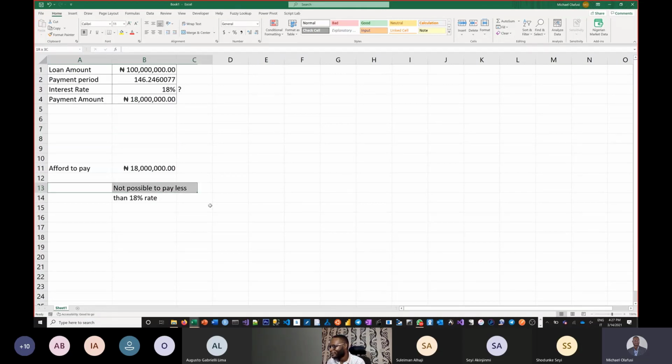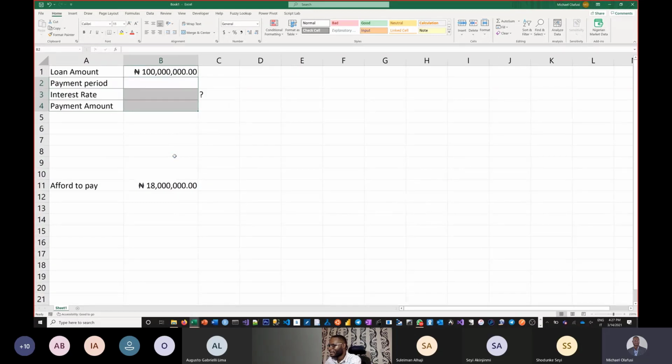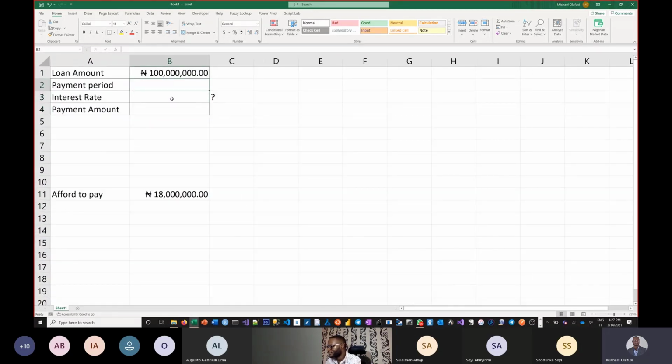So let us look at the situation. The situation is that someone needs to take a loan, right? He has approached a lender, maybe a bank, and these are the conditions they've given him. We're going to give you this money for 5 years, but you know what? We're going to give it to you at 21% interest rate.